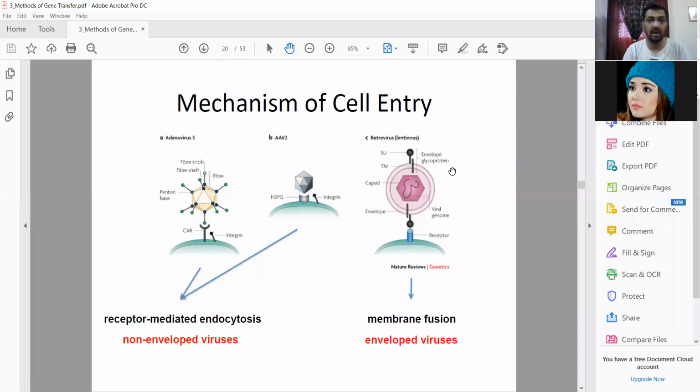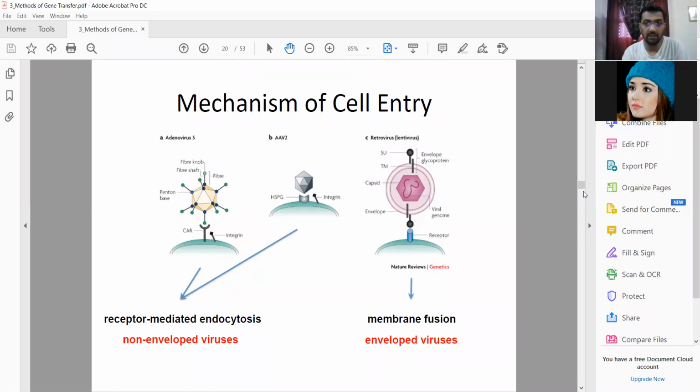Moving further, how do these viruses enter the cells? Non-enveloped viruses normally work through receptor-mediated endocytosis, attaching to certain receptors, such as adenoviruses and adeno-associated viruses, and then endocytosis takes place, or in terms of plants, pinocytosis takes place.